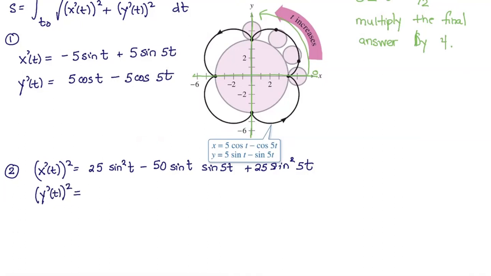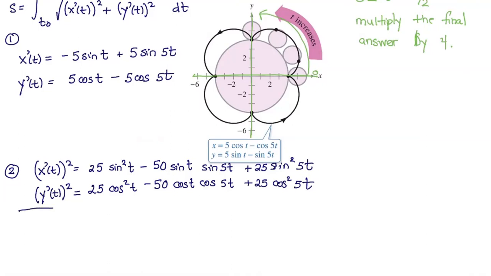Y prime of t squared will give us 25 cosine squared of t minus 50 cosine of t cosine of 5t plus 25 cosine squared of 5t.